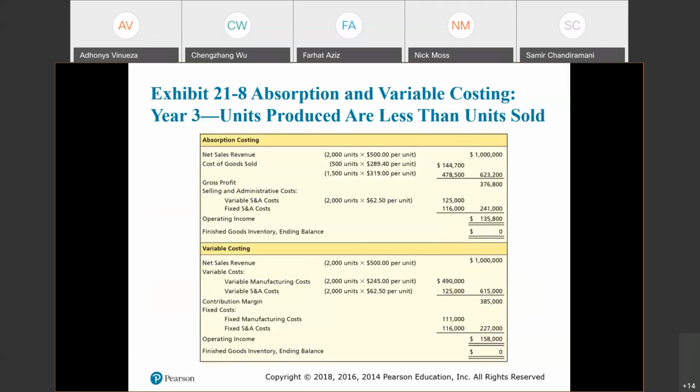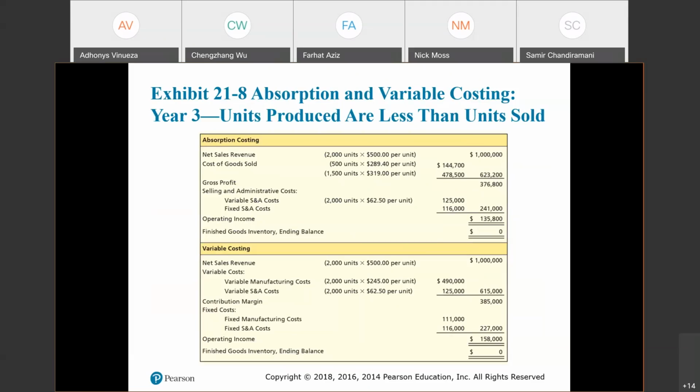Under absorption costing, we use $1 million minus COGS. We get gross profit, $376,800. And we use this amount minus selling and administrative costs, which is $241,000.